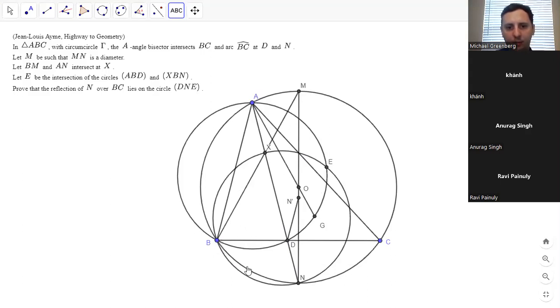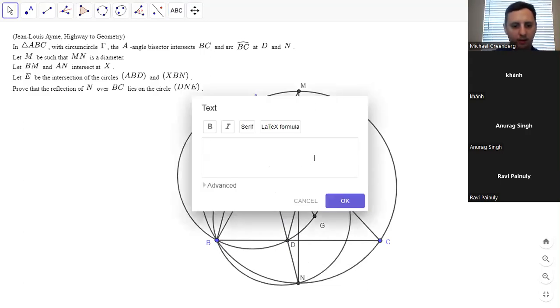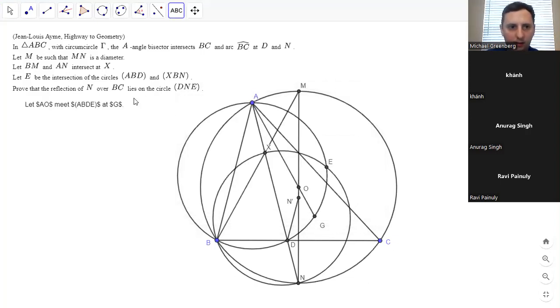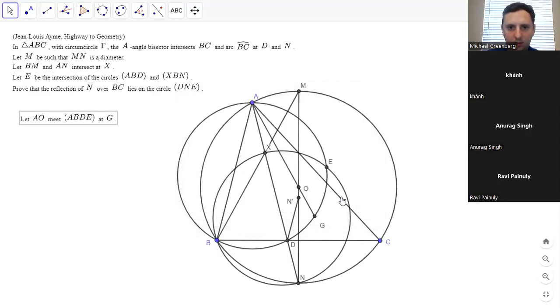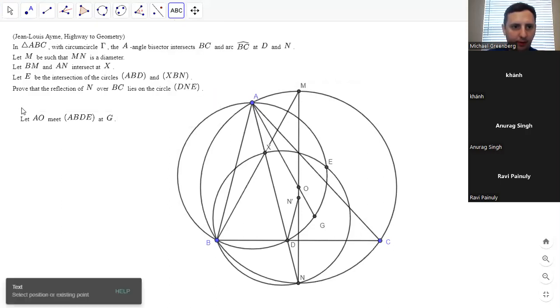Arc BN plus arc BMN is 90, so I'll type it out. So let AO meet the circle ABDE at point G, and I'll say let N prime be the reflection of N over BC.